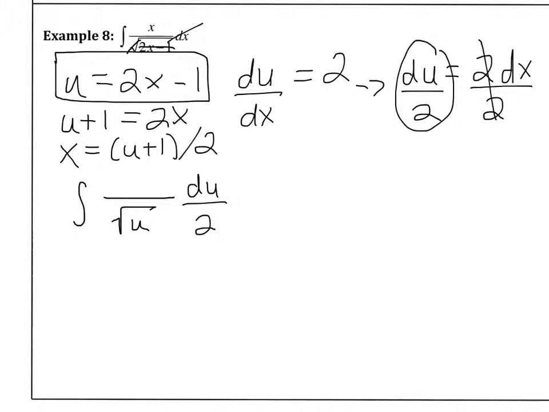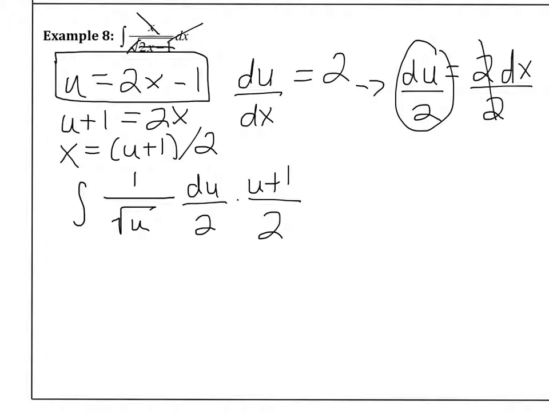I'm just going to write that off to the right so that I don't end up with this nasty looking expression. So I'm just going to pop a 1 right here, and then instead of writing times x, I'm going to say times u plus 1 over 2. That was exactly equivalent to x. So now all my little ducks are in a row.